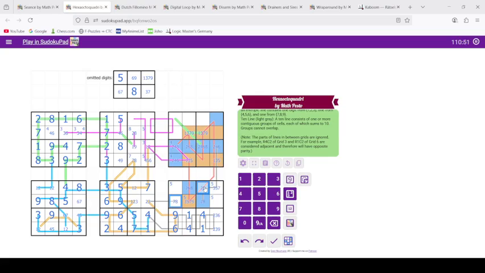Then we have 6, 9, 5, and 3. Otherwise, this is 6, 9. And then this has to be an 8. So this is always an 8.